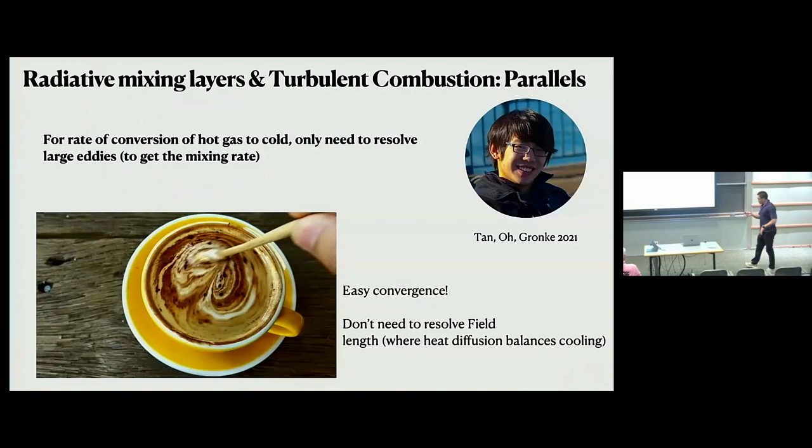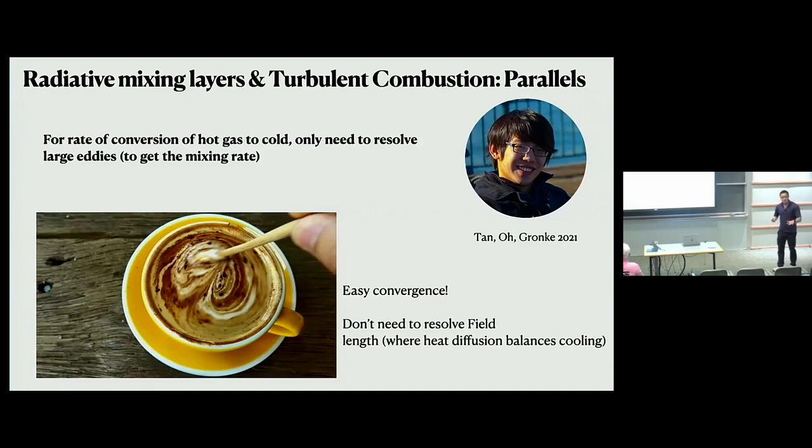So we started reading papers on turbulent combustion, and basically we decided that the resolution problem was the obvious one, right? It's very similar to if you stir a cup of coffee and you're trying to mix some cream in it. Well, you're not very sensitive to small scale structure. Your mixing time is basically your outer eddy turnover time, and you're not sensitive to the exact value of molecular viscosity.